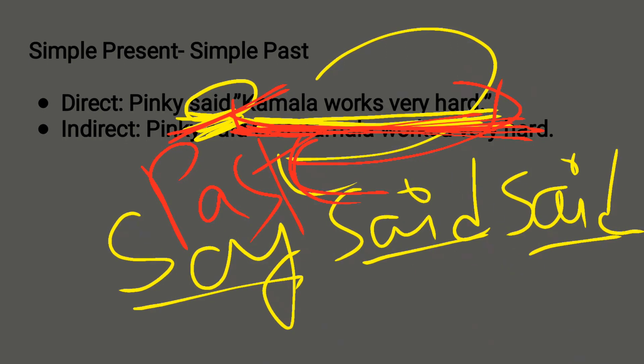That means whenever the reporting verb is in past tense, then the verb in the reported speech will also get converted into past tense while converting into indirect speech. I hope this is clear. Okay, easy peasy.